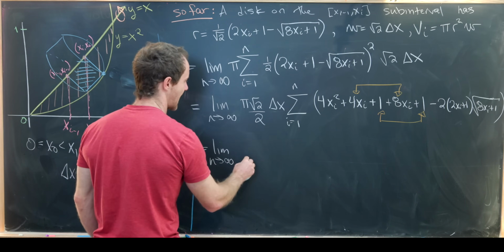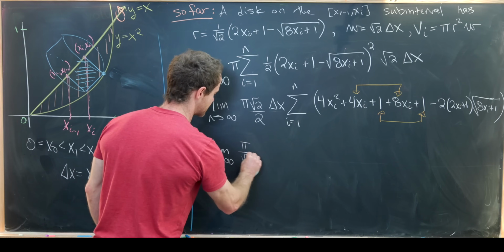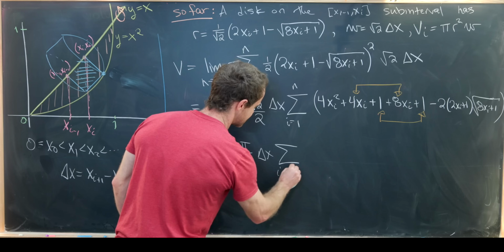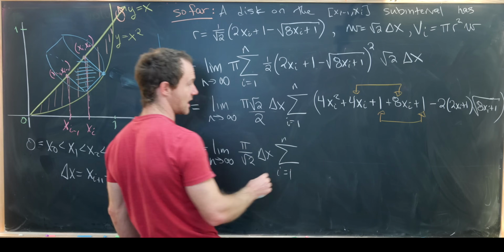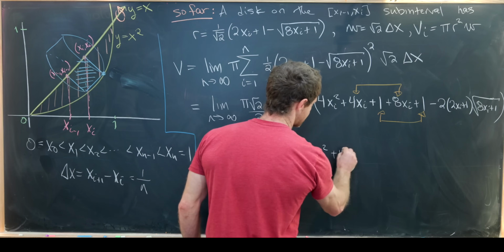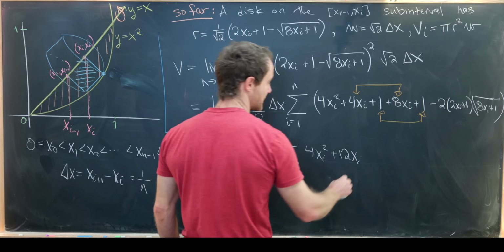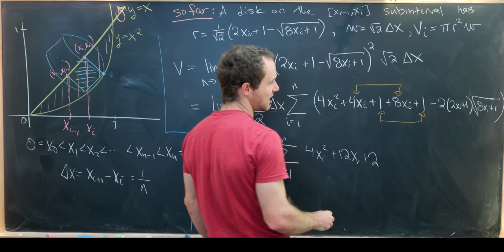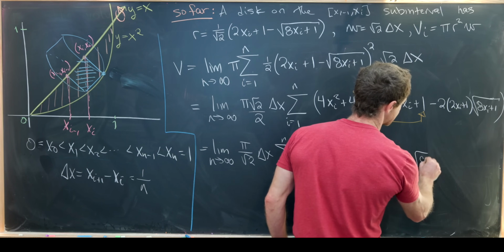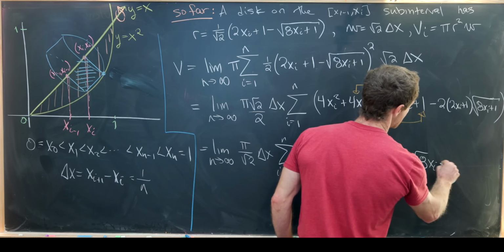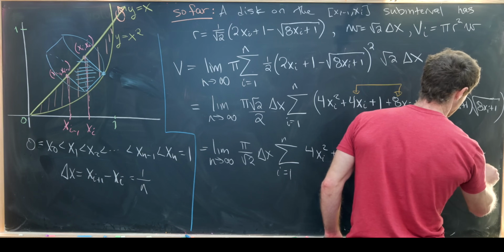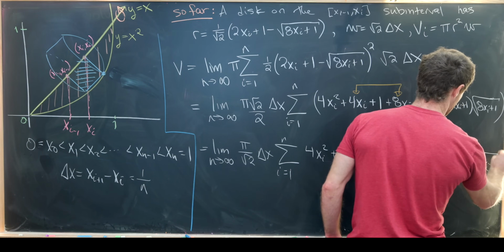I'm going to write this as pi over the square root of 2 times delta x times our sum as i goes from 1 to n of 4xi squared plus 12xi plus 2, and then we'll have minus 4xi times the square root of 8xi plus 1 minus 2 times the square root of 8xi plus 1.